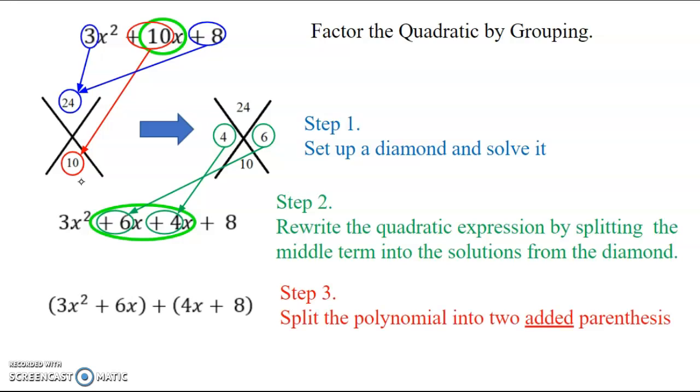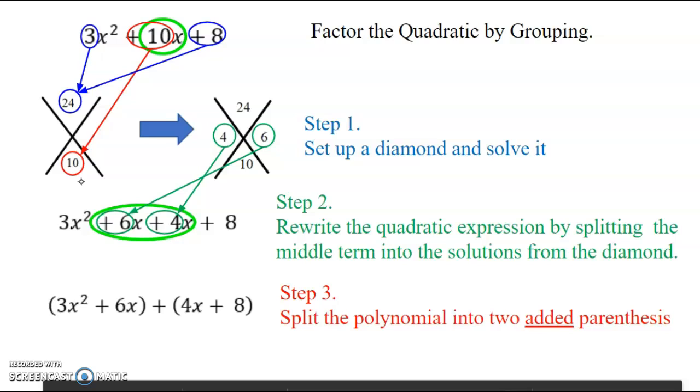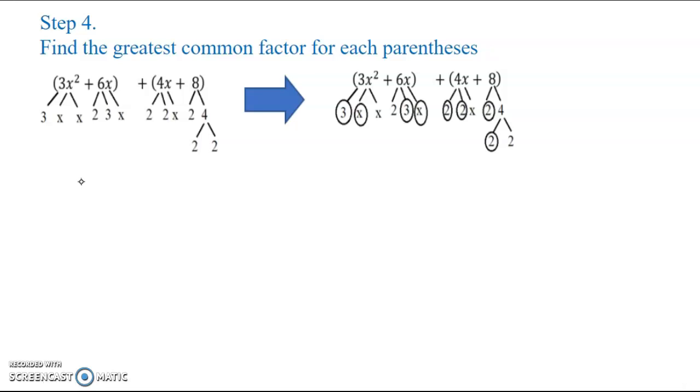And why are we doing that? So that we can split the polynomial into two added parentheses. So we are adding the parenthesis 3x squared plus 6x for the first one, and then the second one, 4x plus 8. Once we've done that, step 4 is to find the greatest common factor for each parenthesis. So for the first one, 3x squared plus 6x.